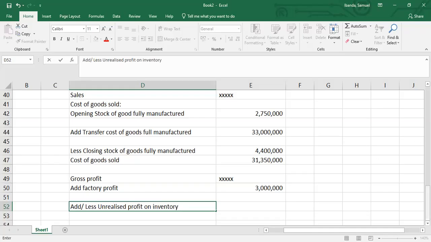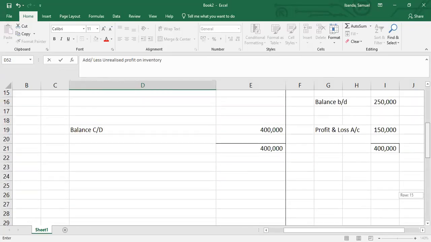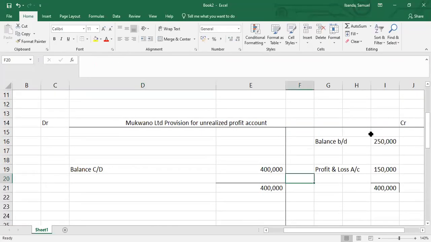In our case, this is what we had for opening inventory, and this is what we had for closing inventory. Ideally, the profit on closing inventory was higher than that of opening inventory. So the unrealized profit that we got right here, the 150, is supposed to be less, based on the guidance that we had.